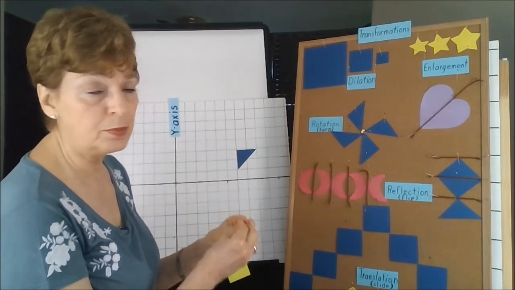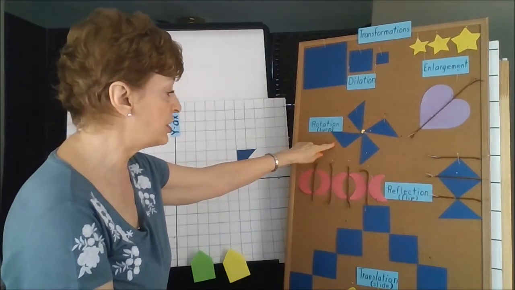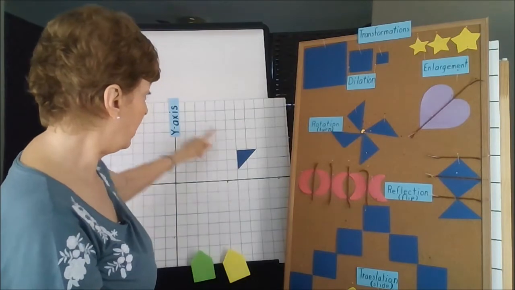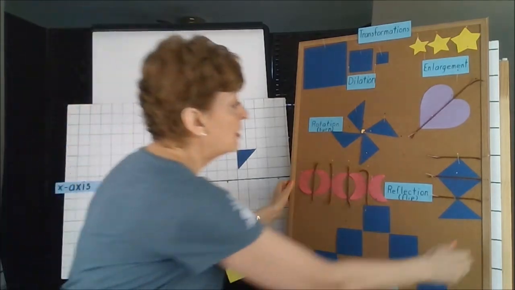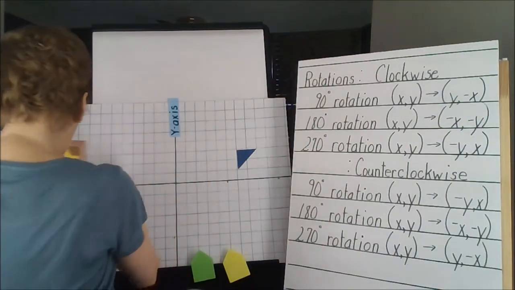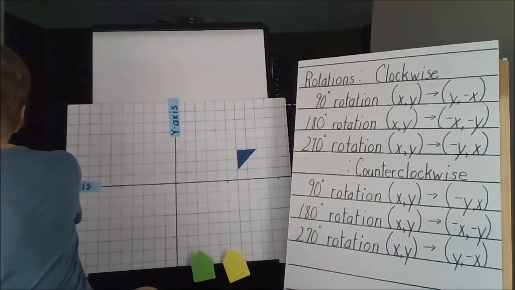It's always on the same point. That would be giving us a rotation. But you can also turn these throughout the whole grid. So let's take a look at these directions for rotations of clockwise and counterclockwise.